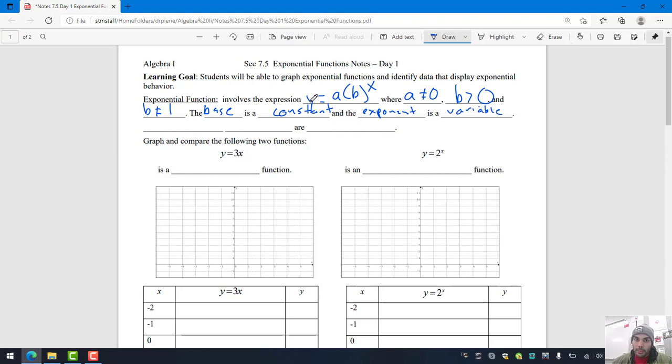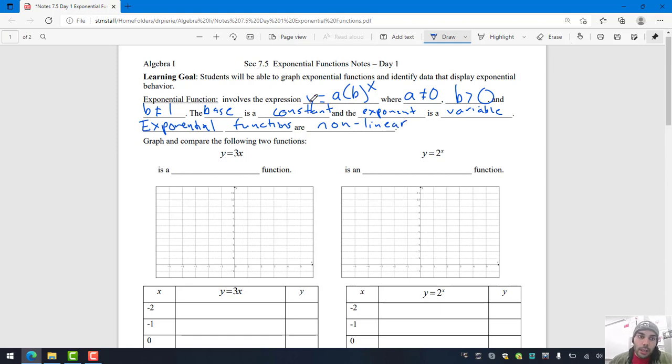In this example, with the way I wrote this equation, the letter up here in the exponent is always going to be a variable. Typically, it's going to be the letter x. But here's the biggest takeaway: exponential functions, what we're talking about today, are what we call non-linear. They are not straight lines.